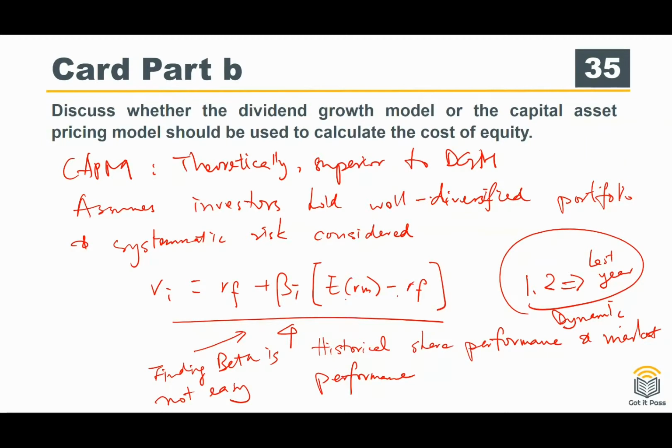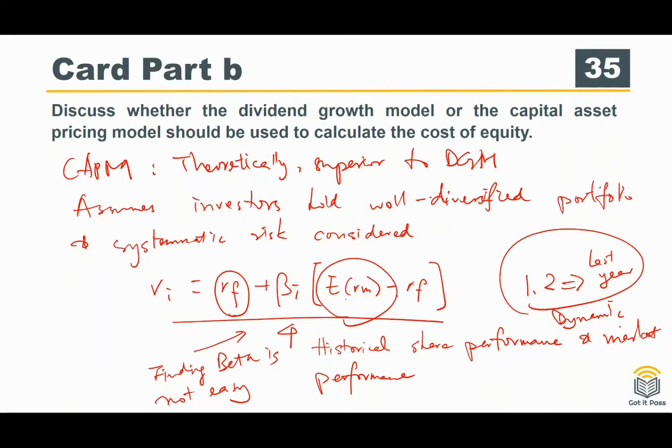In addition, the other parameters, the risk-free rate and the expected market return, are also debated, always debating which one should be chosen as the risk-free rate or the market return.